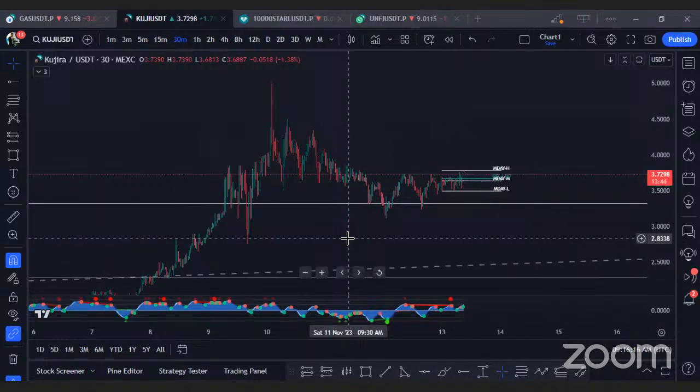Let me see if I can get 2 or 3 of those tokens for Maxi.